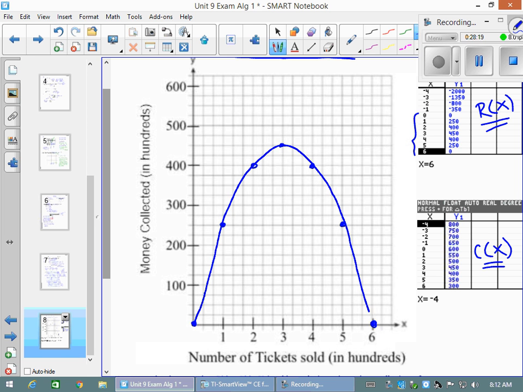Okay, so now we're going to graph c of x also from 0 to 6. So the first point here is 0, 600 would be my y-intercept.